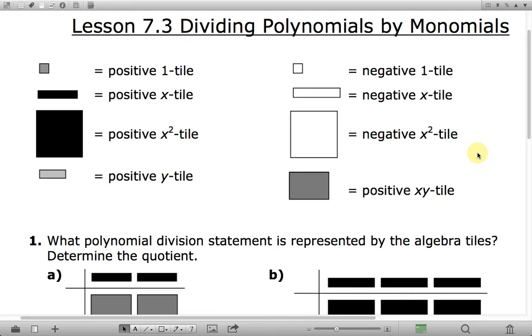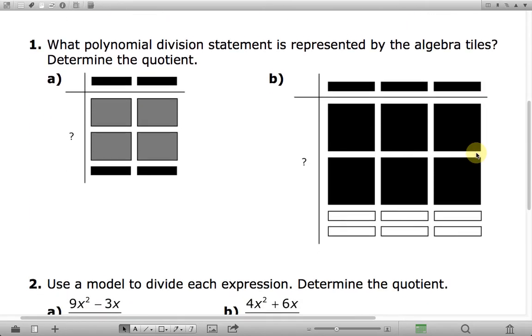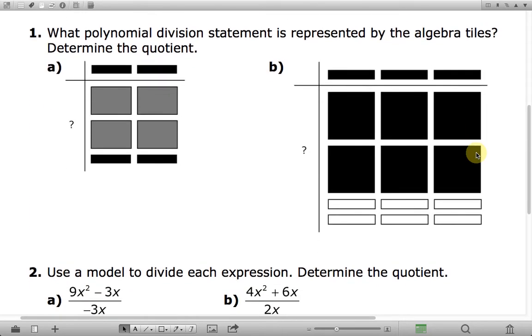So now going into question number 1 here, we want to figure out what polynomial division statement is being represented by these algebra tiles, and we want to determine that quotient. So let's see if we can figure this out. First of all, across here you can see that this is a width of 2x and you can see that we have a bunch of xy tiles here.